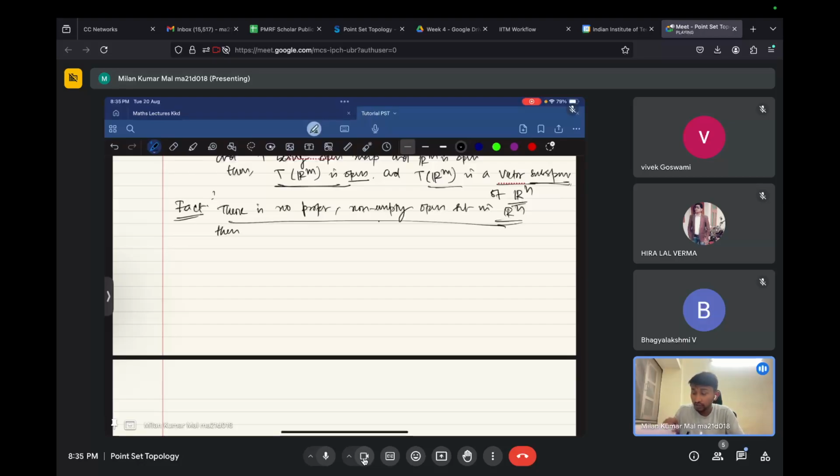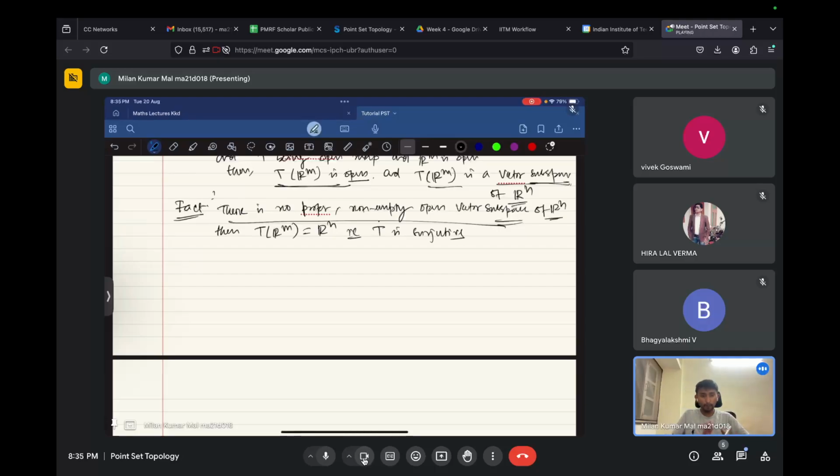So that means either T should be the zero map or T should be the full map. I mean, the range of T should be the full space. So T of R to the power m equals R to the power m, which means T is surjective. The basic fact is that there is no proper open subspace, not subset, of R to the power n.